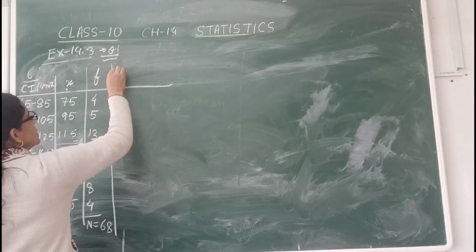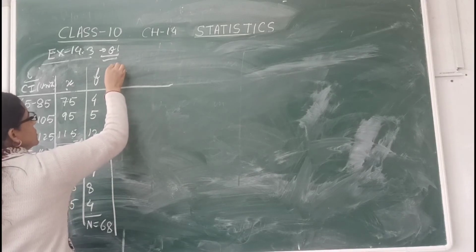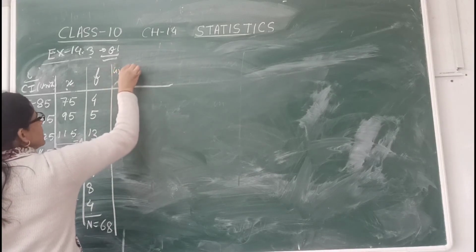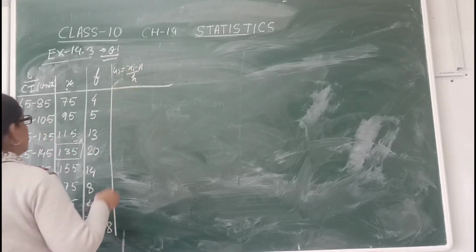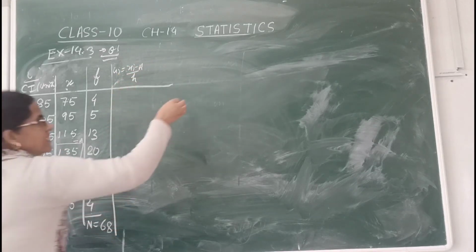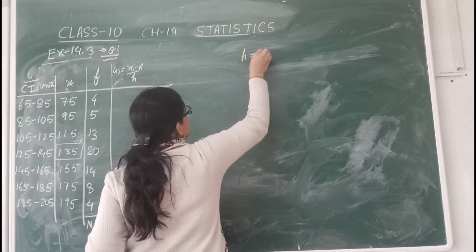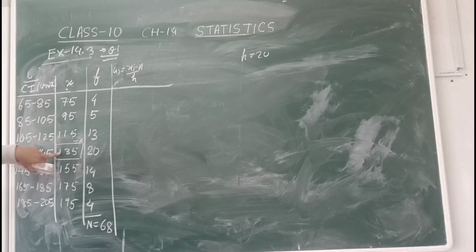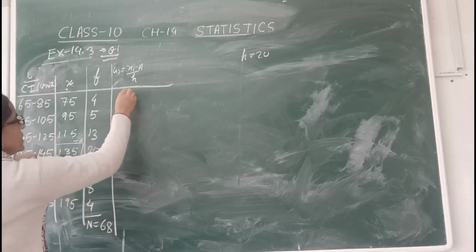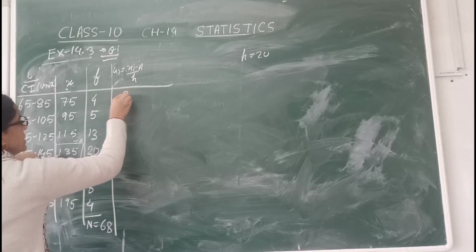So over here ui equals xi minus a by h, and h is the width of the class interval, that is, h equals 20. So xi minus a, that is 75 minus 135, is minus 60. 60 by 20 will be minus 3.